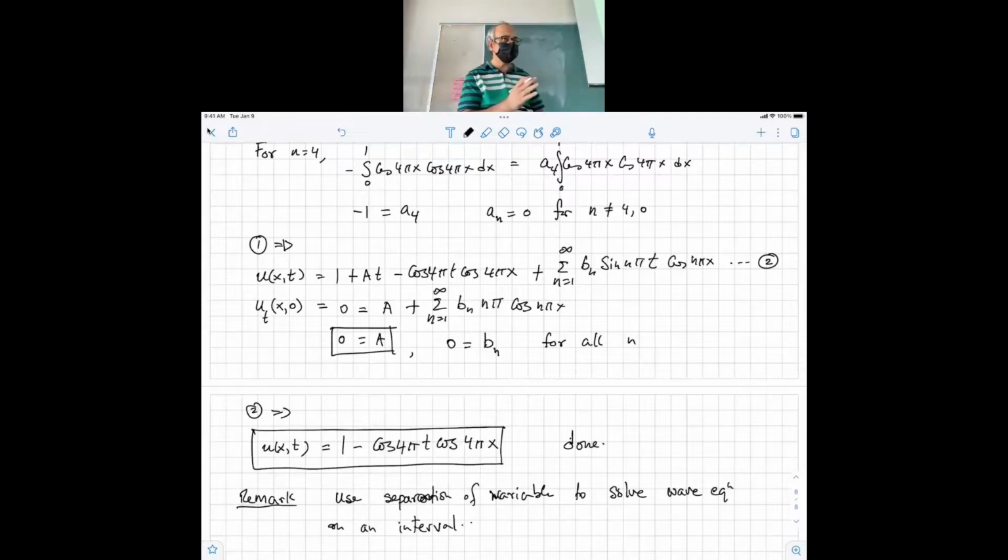So if your domain is an interval, then you don't use D'Alembert's method.